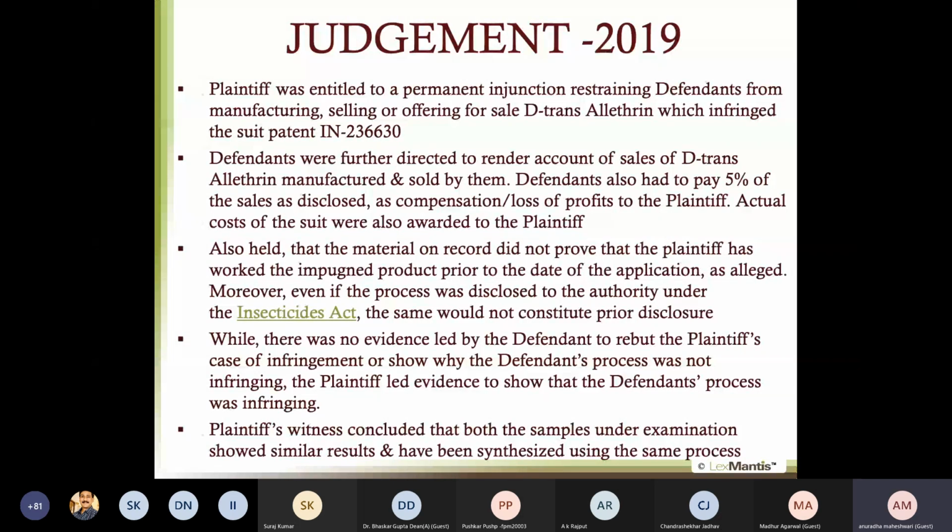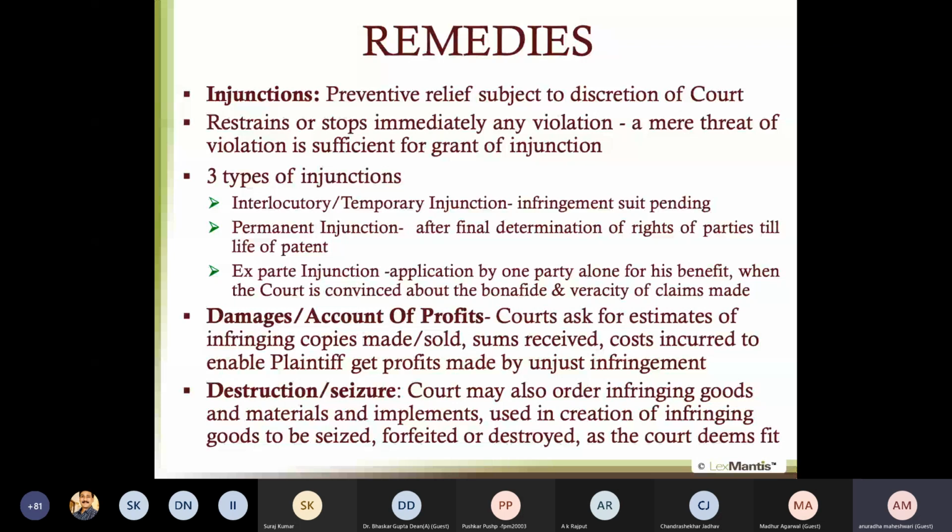So this case was wonderful in understanding what can be done when a patent is infringed. When a patent is infringed, you get an injunction. That means you get the right to restrain the defendant from acting in a particular manner. You get damages and accounts of profits, which in this case the company got from the defendants.